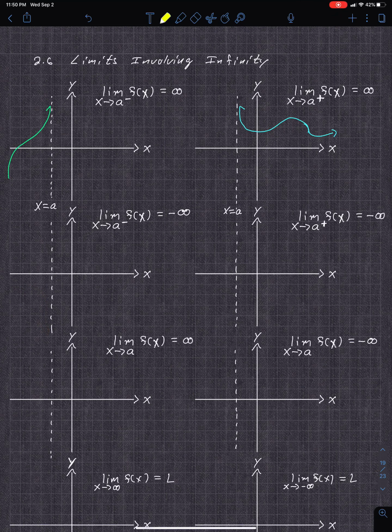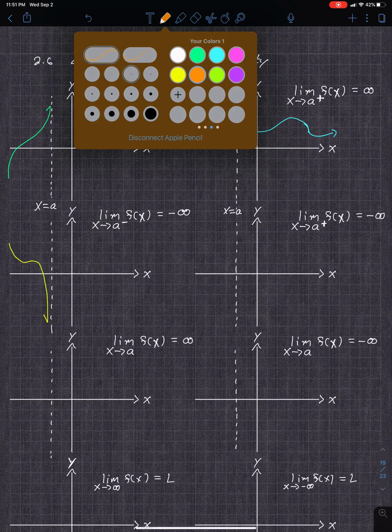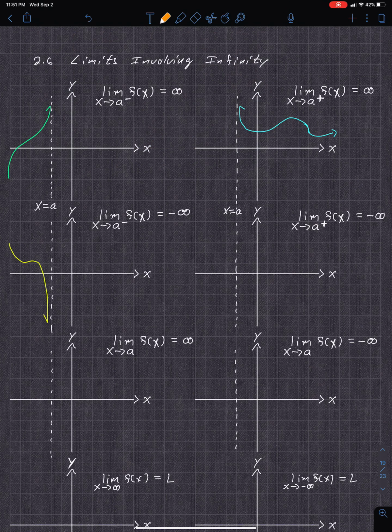I'll just fill these in. You can do the rest. This does whatever, and then eventually goes like that. This one would be going to negative infinity on the right, like that.